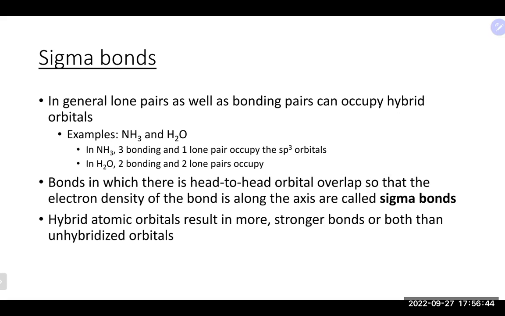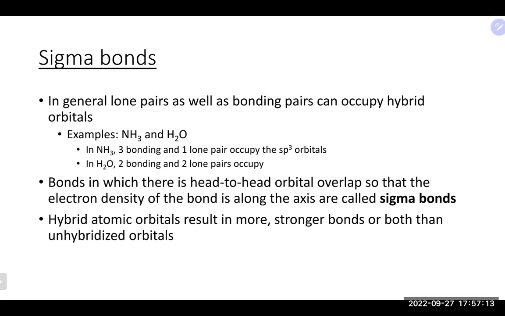Now, when we talk about bonding with orbitals, there are a couple of different types of bonding, but the first type of bond, maybe a bad description, is like the first line that you draw, the single line, even the first line in a double bond or a triple bond. These are sometimes referred to as sigma bonds. Sigma bonds describe how the orbitals come at each other.